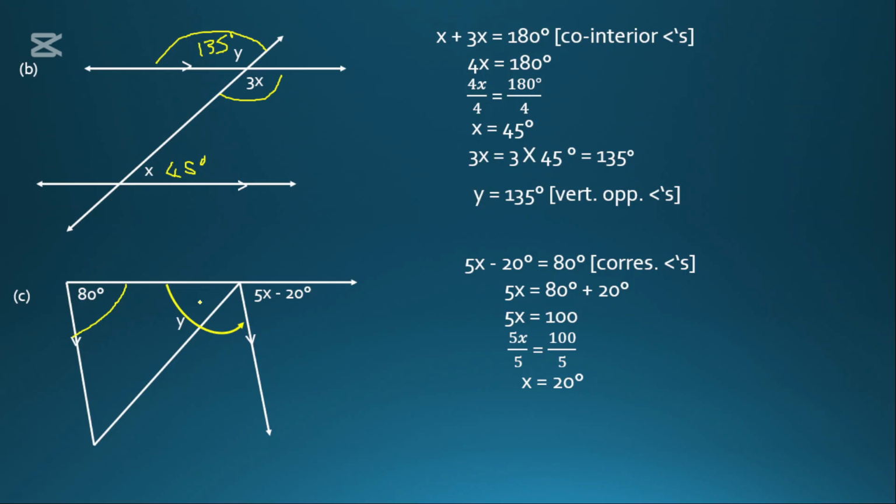So y must be 100, because 80 plus 100 is equal to 180. Why? Co-interior angles. So we start by saying y plus 80 is equal to 180, co-interior angles. And y is equal to 180 minus 80 degrees, and y is equal to 100 degrees.